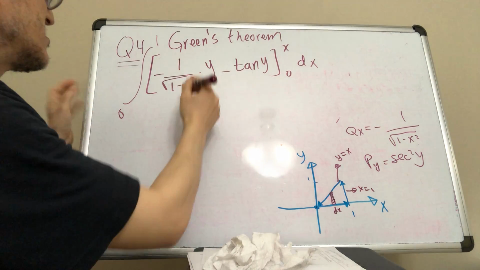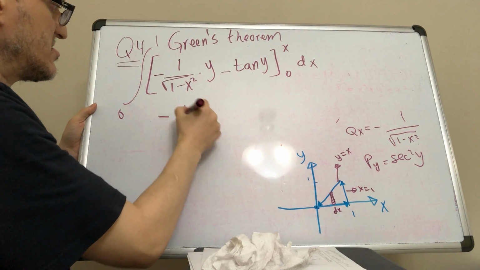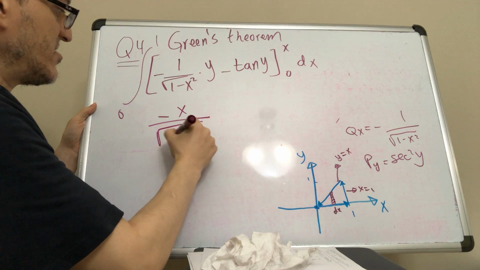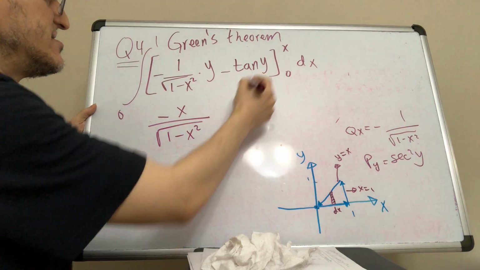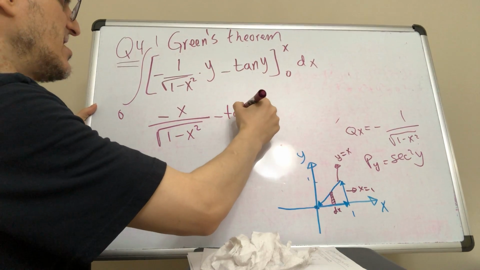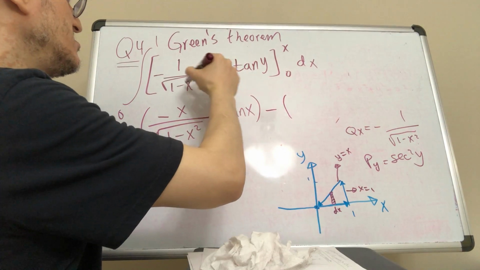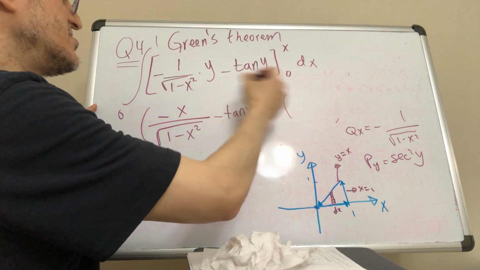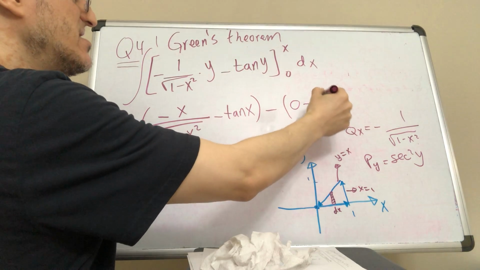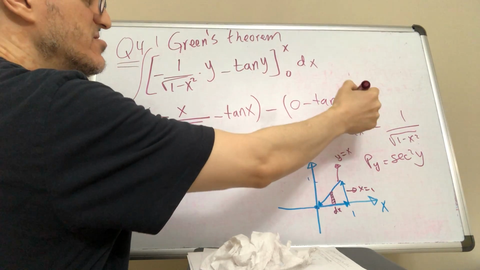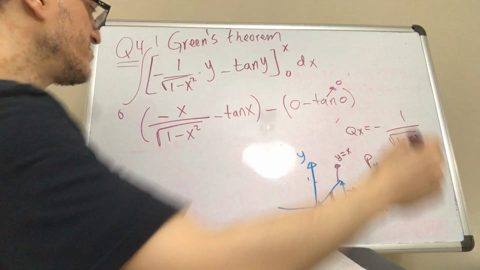So you plug x, it gives you x over 1 minus x squared. x here gives you tan x. 0 into y gives you 0, and tan 0, which is also 0.